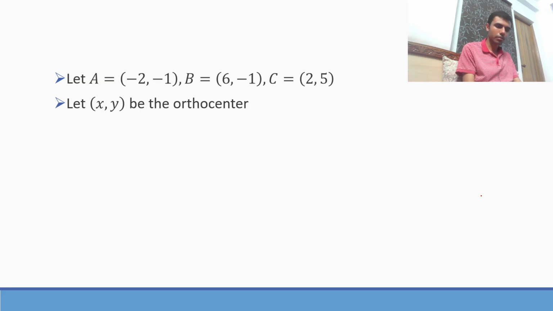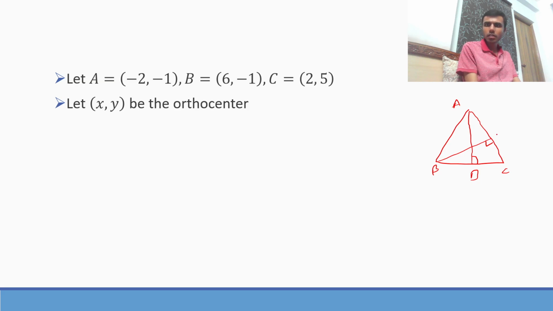What exactly does orthocenter mean? If I draw a rough diagram, through A draw a perpendicular, the altitude through A, AD, and through B draw another perpendicular, an altitude.